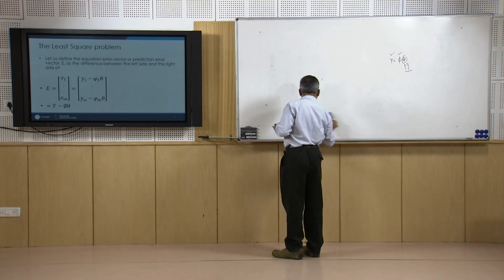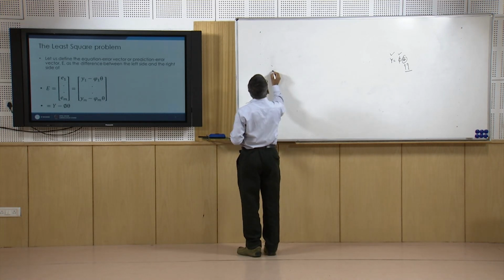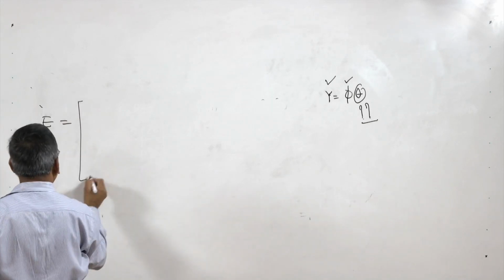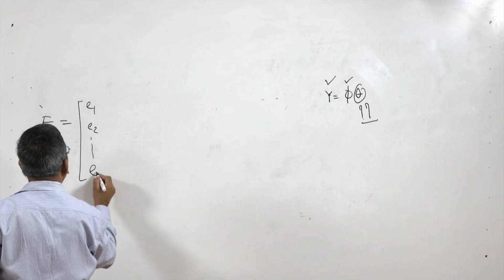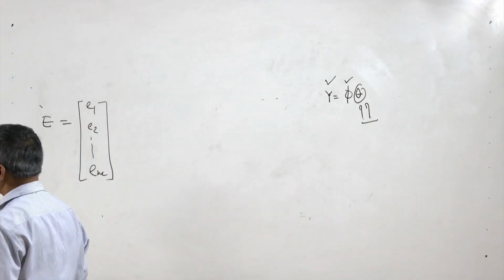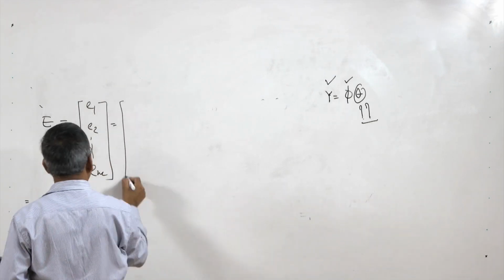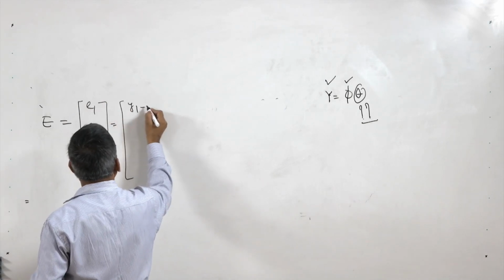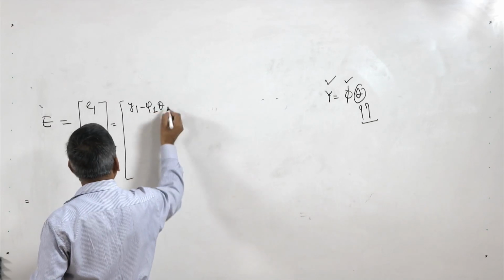So, E can be put as error vectors E1, E2, and we will have EM. Since there are m rows, we will have values up to EM, and this error vector can be written as say y1 minus phi 1 theta.